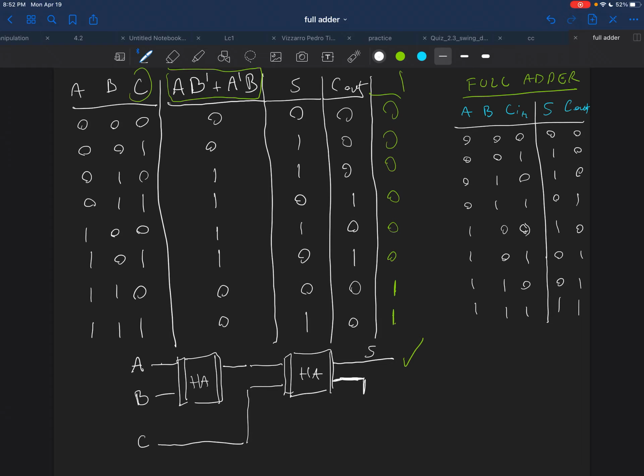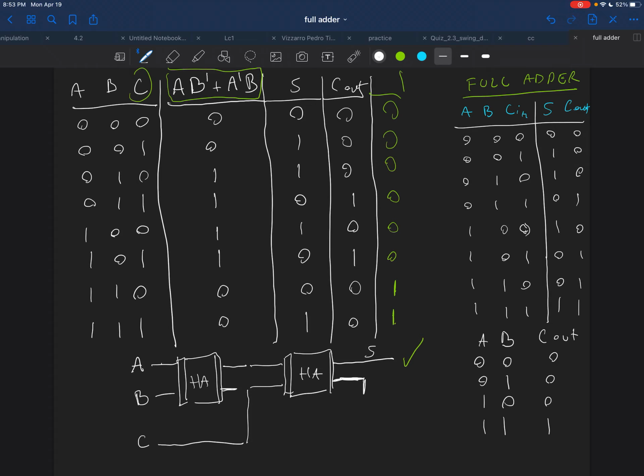I'm out of battery, so let me recharge one second, rather than start drawing with my finger, which nobody wants to see. Okay, perfect. So we take A and B, and ask, what was the Cout before? 0, 0, 0, 1.